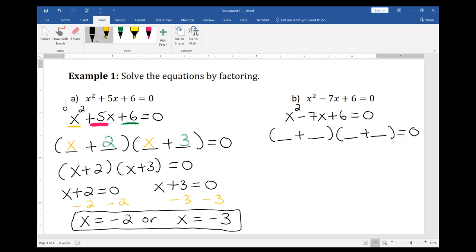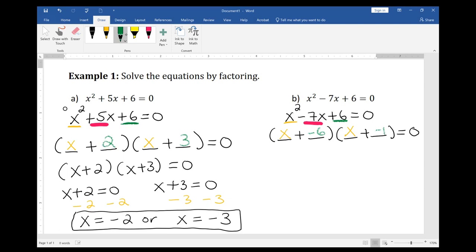So we will start with our first term, x squared. To get x squared, we need x times x. And now we look at the 6. So we need two numbers that if we multiply them together will give us 6. But at the same time, when we add them together, we get negative 7. If we analyze our options, I believe the numbers that will work will be negative 6 and negative 1.